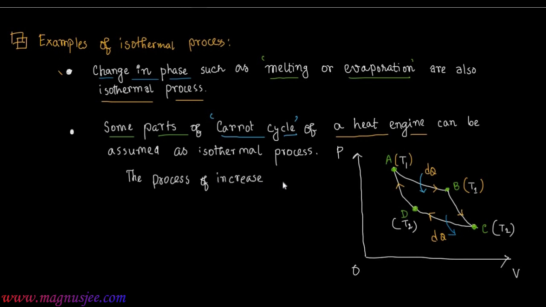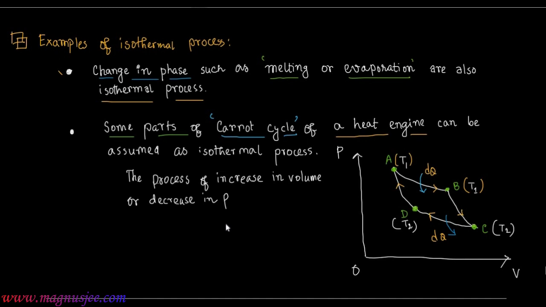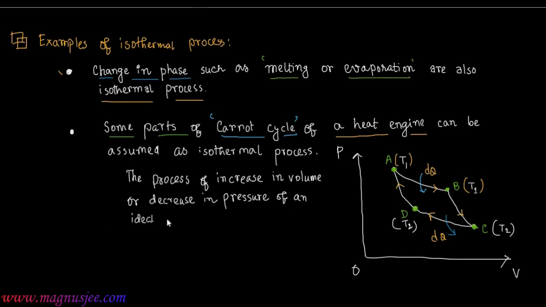The process of increase in volume, that is decrease in pressure, of an ideal gas along the path AB is an example of isothermal expansion.